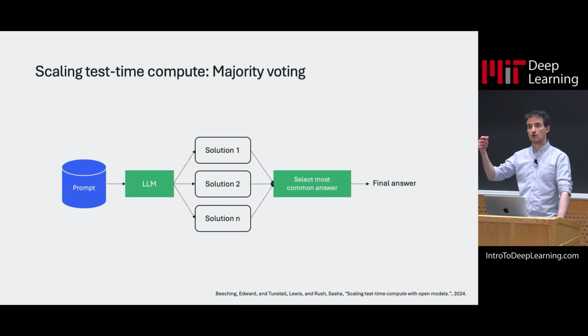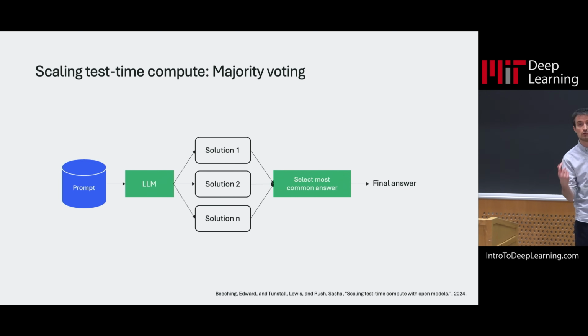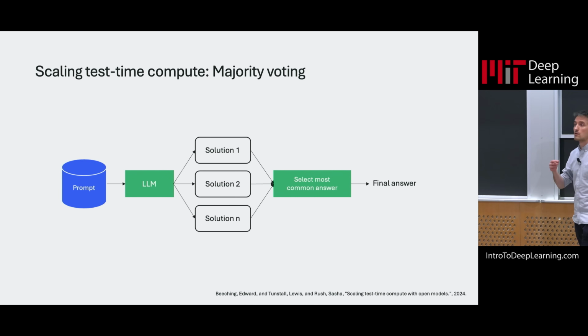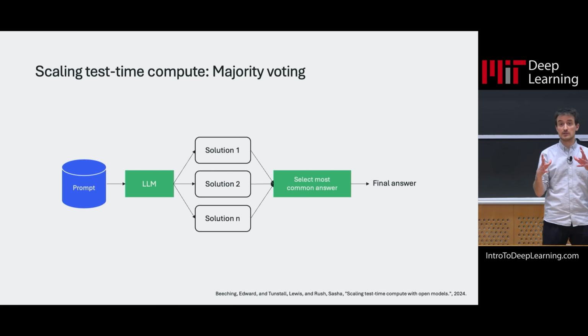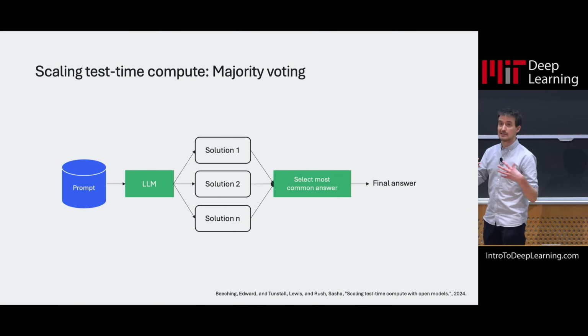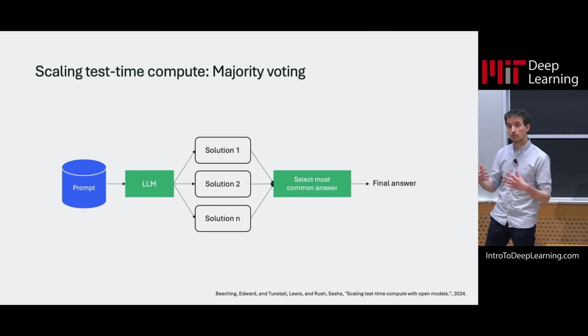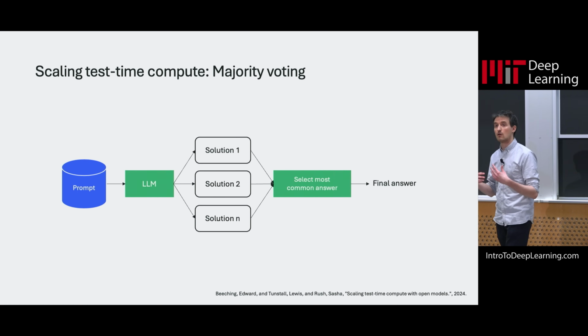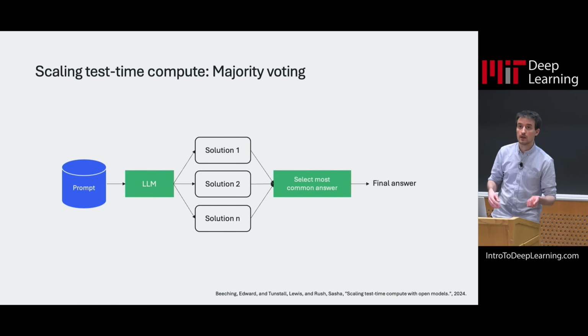Sometimes because of the non-greedy decoding, because there's some randomness introduced in your decoding, the model will just pick the wrong token, and the entire reasoning will be derailed because it picked the wrong token. And this is the intuition behind majority voting: we want to recover the performance that is lost through this decoding process.